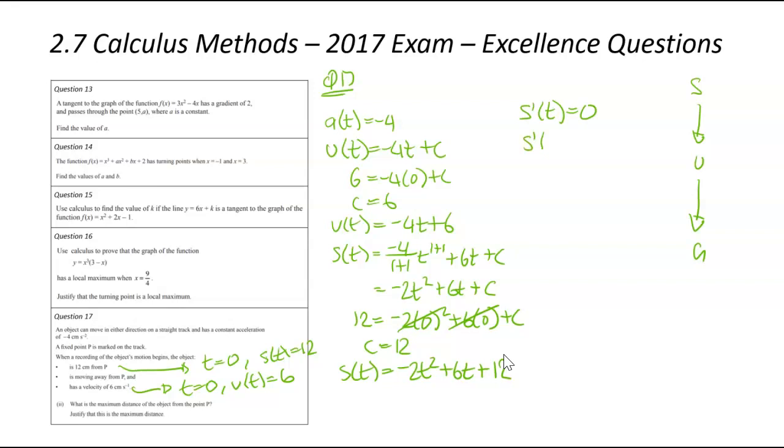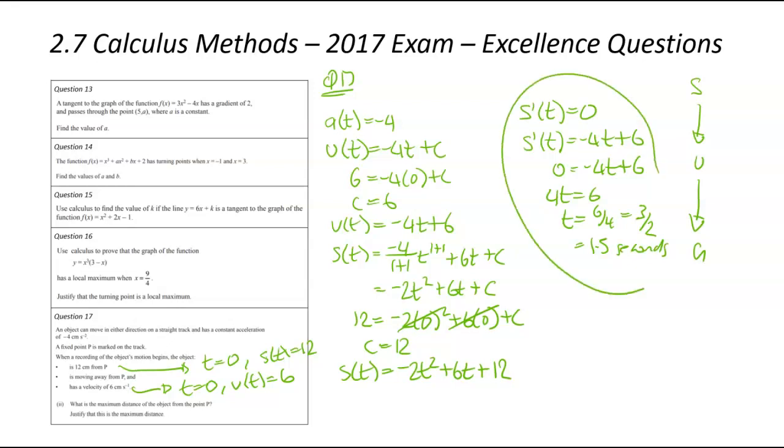So if s dash t is equal to -4t plus 6, then 0 is equal to -4t plus 6, 4t equals 6, t equals 6/4, which is equal to 3 halves. Because we're dealing with time, I'm probably going to change it to 1.5 seconds. Now that I know that the maximum distance away from P happens after 1.5 seconds, I'm going to substitute 1.5 into the original displacement equation to find out what the distance actually is.